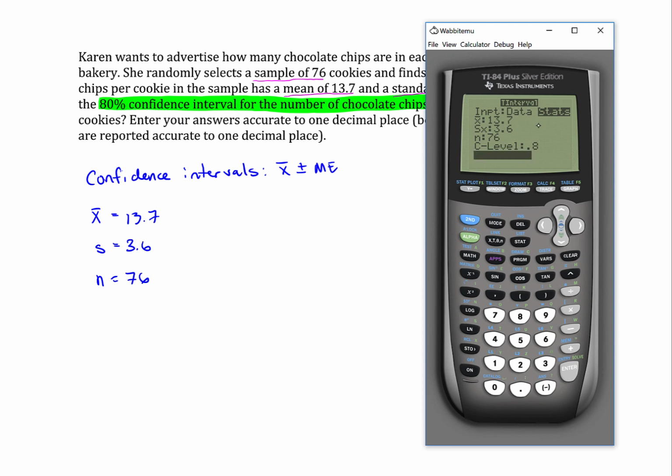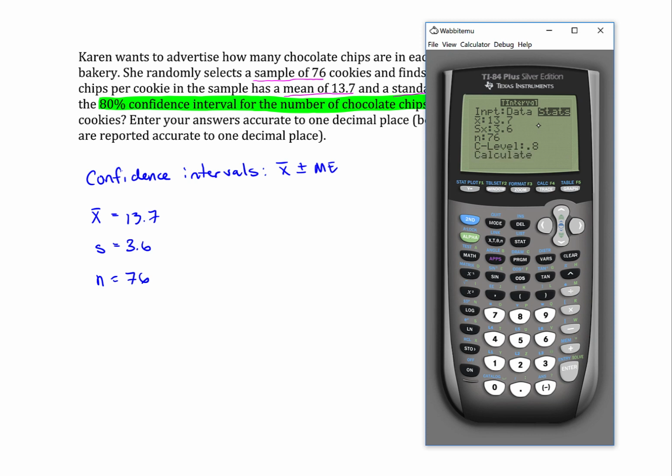Oh, and to be certain here, it is safe to use a t distribution. We weren't told that the original distribution was normal, but we do have a sample size that's large enough. The cutoff for the central limit theorem is 30. So we have a sample that's bigger than 30, so we can assume that the sampling distribution would be normal.